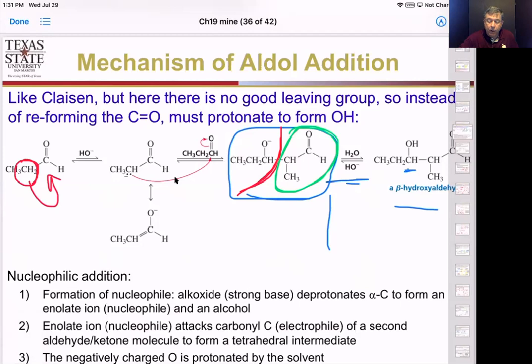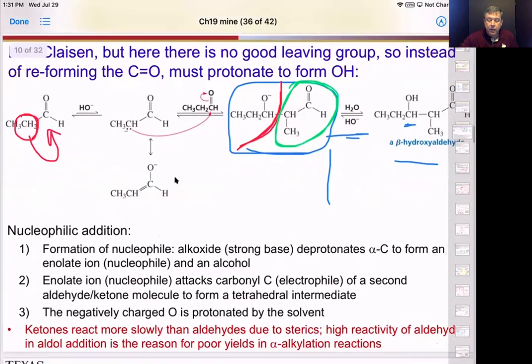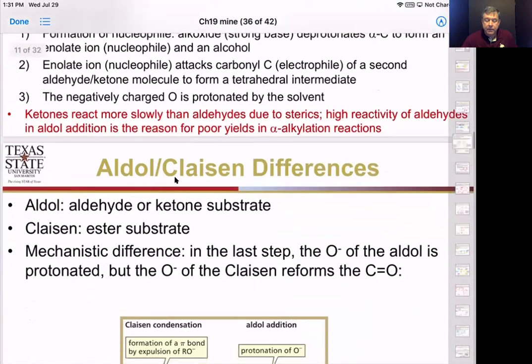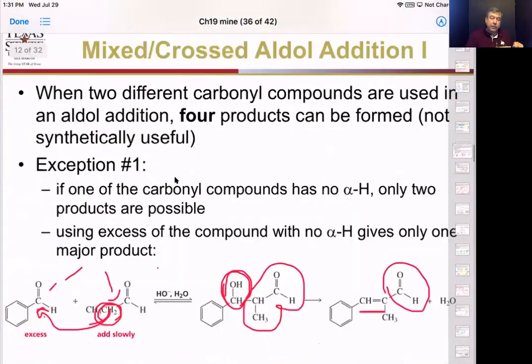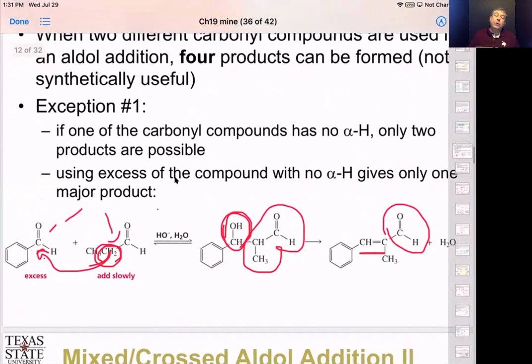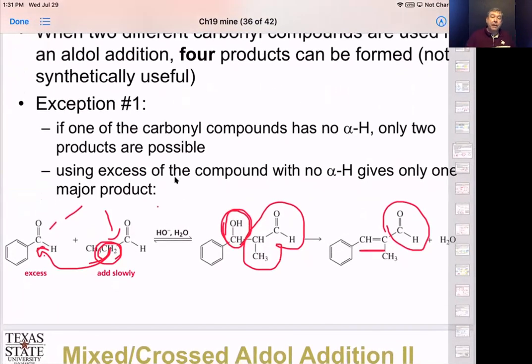So in the cross aldol system, you've done the same thing where one of your species has no alpha hydrogens. That makes sure that you know exactly which compound you made your enolate on, and therefore you'll know exactly which part is going to have the aldehyde or ketone on.